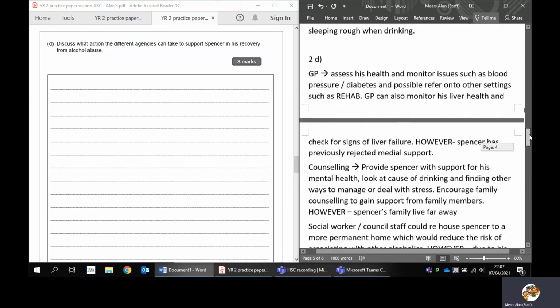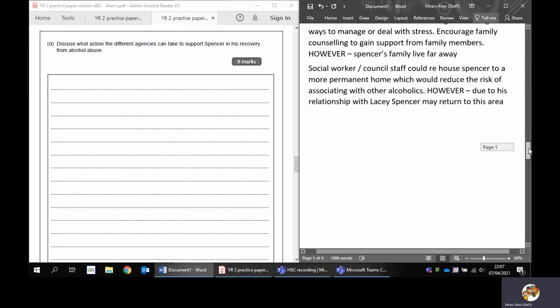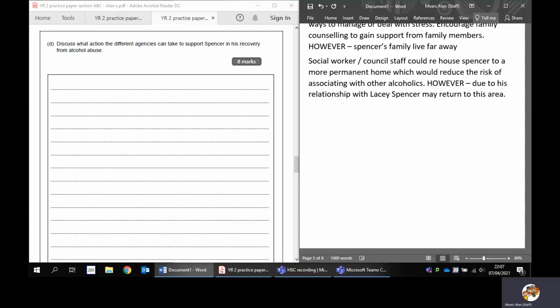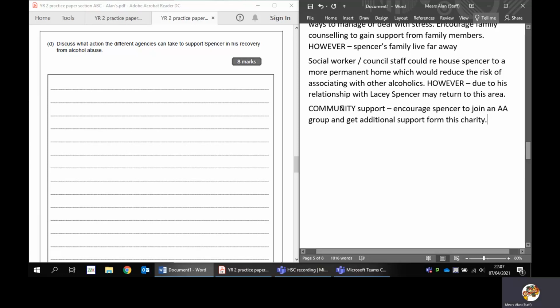So again, we've got GP, we've got counselling, we've got social worker, looking for more permanent housing. Maybe we could look at community support. Encourage Spencer to join an AA group and get additional support from this charity. I'm going to change that to charity support.